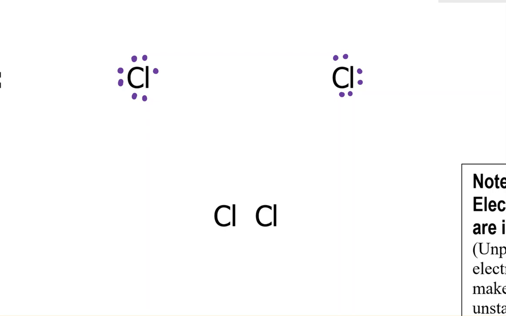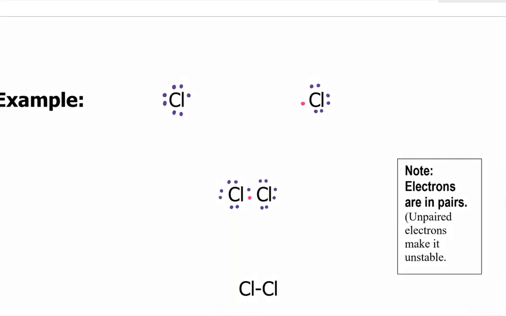I'm going to use a pink here just to make it so we can see what's going on. So of course they each have 7, and so what happens is they come together. Okay, and now they each have 8.